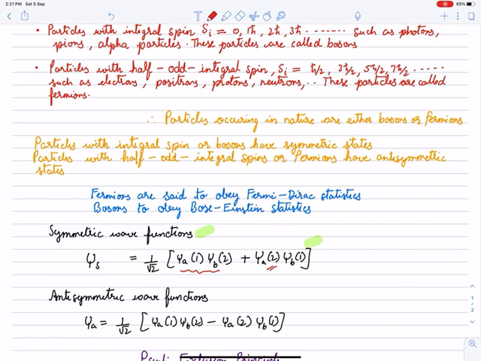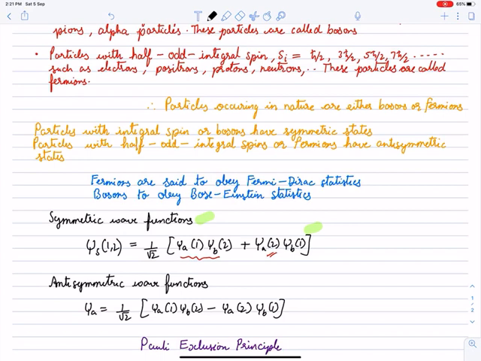Here the particles are labelled 1 and 2. The factor 1/√2 is the normalization constant, and the state is ψa(1)ψb(2) plus ψa(2)ψb(1).